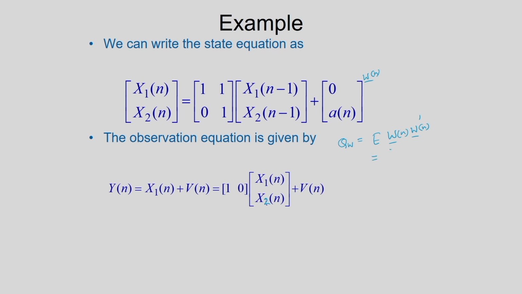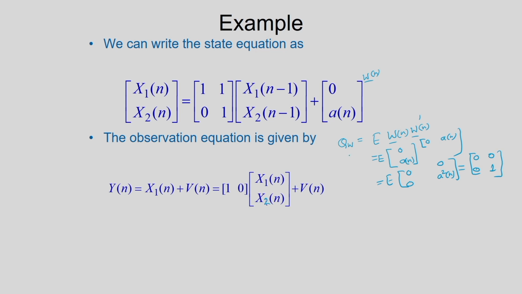So, that will be equal to E of 0 A n, times 0 A n transpose, and we will get E of 0, 0, 0, and A square n. If we take the expected value, we will get 1 here because the variance is 1. So, that way it is 0 0 0 1. So, this is the error covariance matrix here.